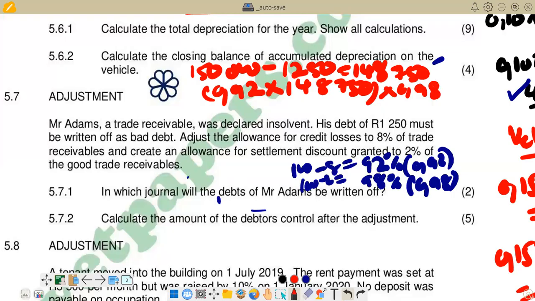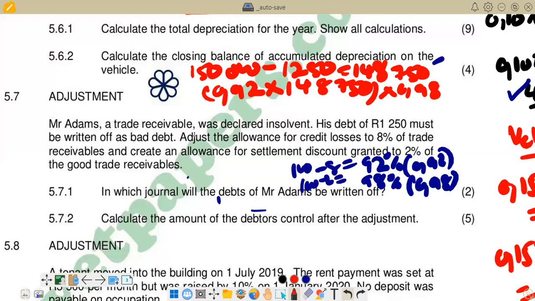So when you calculate it like that, let's try to calculate it. There you say 0.92 multiplied by 148,750.